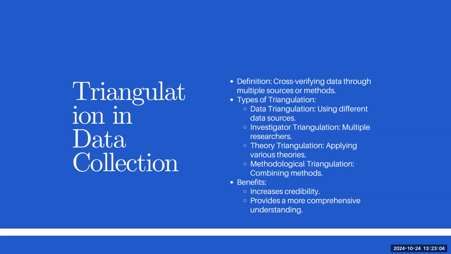Investigator triangulation involves multiple researchers contributing to the analysis. So what that does is that you have multiple perspectives, and that minimizes biases in the ability to interpret that data so that it becomes more robust. And diversity in that also is very important.